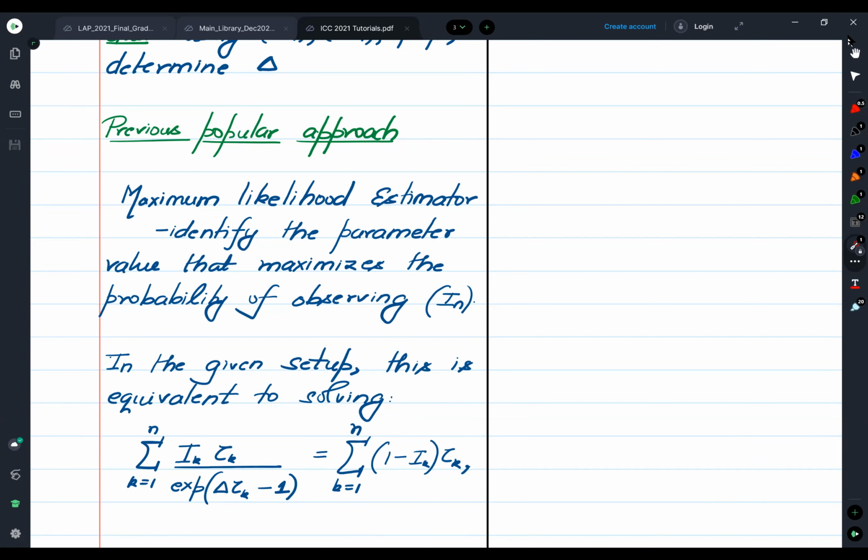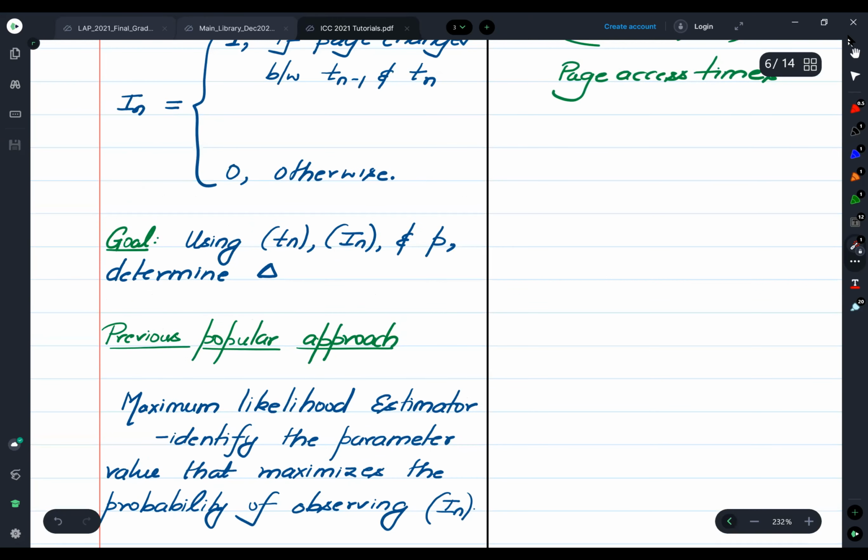Before giving you the algorithm using stochastic approximation, let me tell you, if you scan the literature and try to find any paper on estimating the rates at which a page changes, you will find a paper by Cho and Garcia.